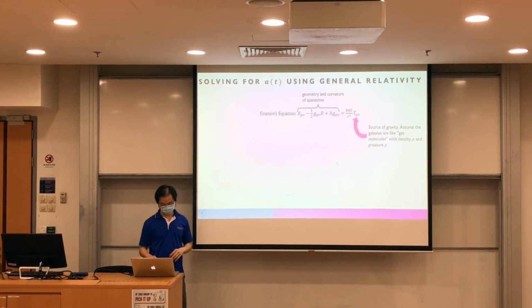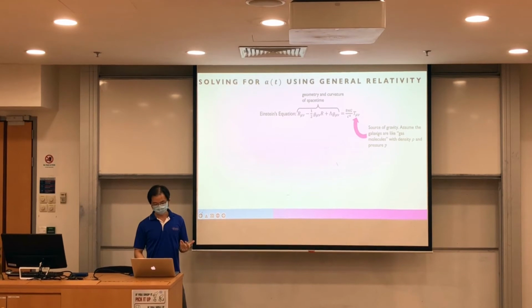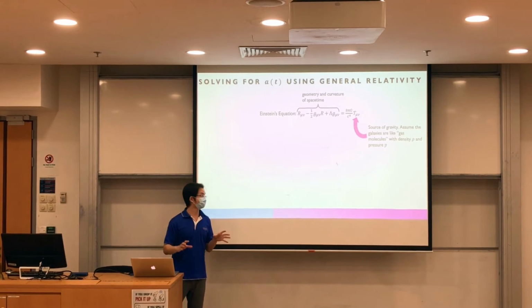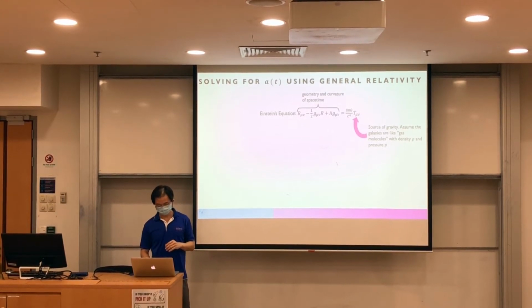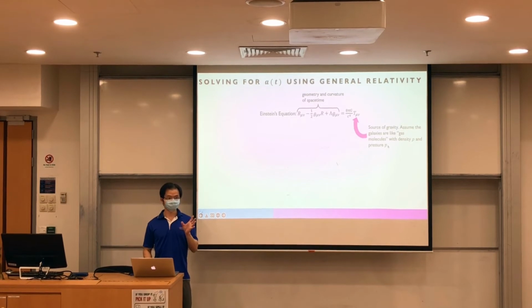So for cosmology, the sources of gravity will be assumed to be the galaxies. I mean, there are so many galaxies. In fact, we will even include the dark matter and all that dark energy stuff. So we treat the galaxies like gas molecules with density rho and pressure P, something like an ideal gas.